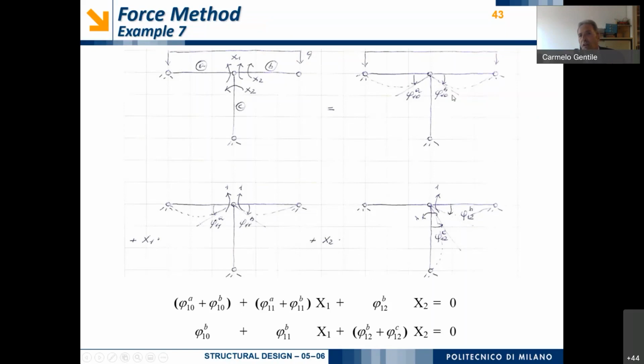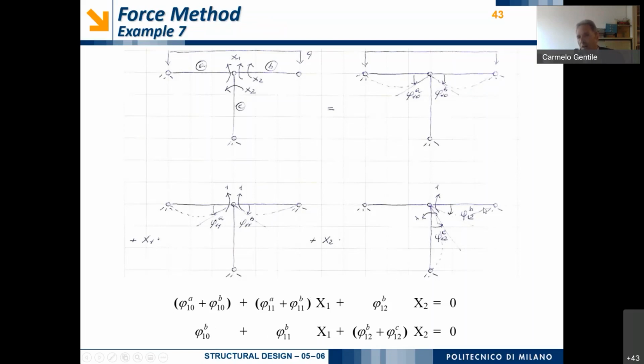Of course, we have the effect of the external loads, but the effect of the external loads needs to be analyzed only on the right-hand side, so phi10B.